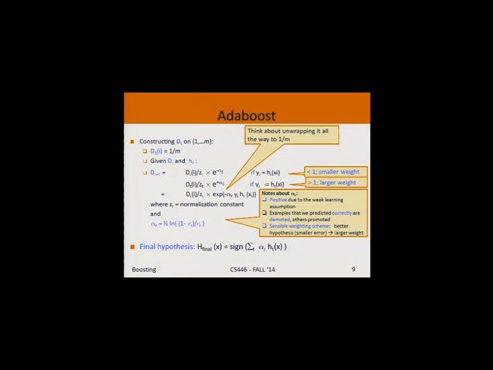In the first round I multiply it by e to the alpha 1 h1, and then times alpha 2 h2, and so on. So think about what's going to happen when I want to unwrap all this product all the way back to 1 over m. I'm going to have e to some power, e to some power, e to some power, which is going to be e to the sum of all these powers, right? We're going to see this in a second.